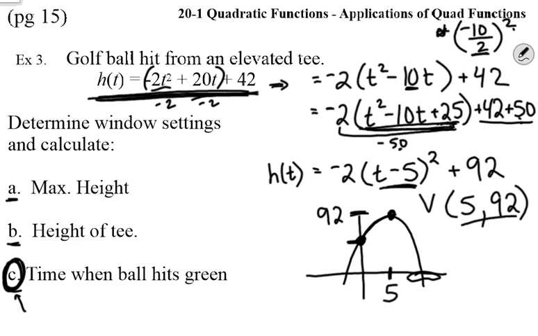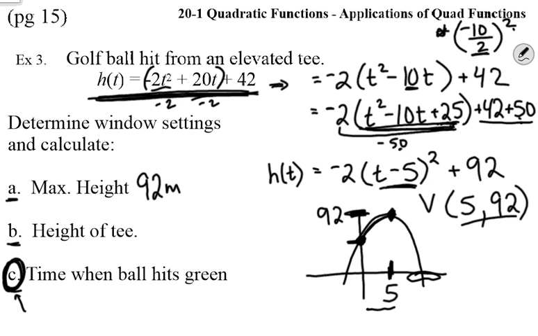Now this is the same variables as before. 5 represents 5 seconds to reach the maximum height, which is 92. So the maximum height is 92 meters, which it reaches at that point 5 seconds after the ball was contacted. There's your first question.